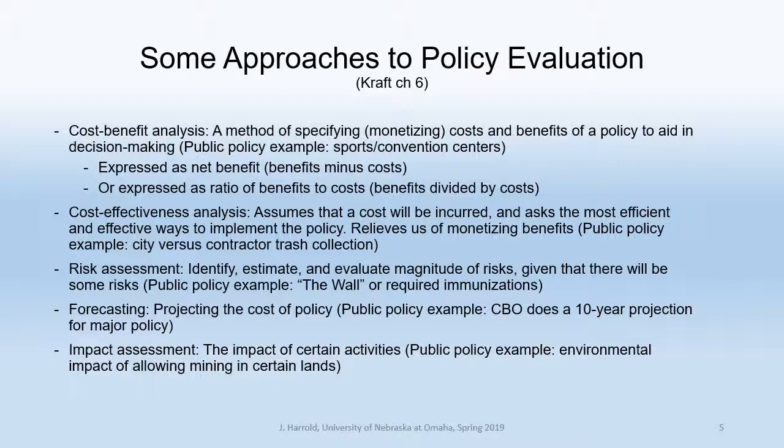So there is going to be a cost to snow removal, and what's the cost effectiveness of that decision? What we want to look at with cost effectiveness is, can we do something more efficiently given cost, or more effectively? And again, efficiency and effectiveness don't always necessarily align.